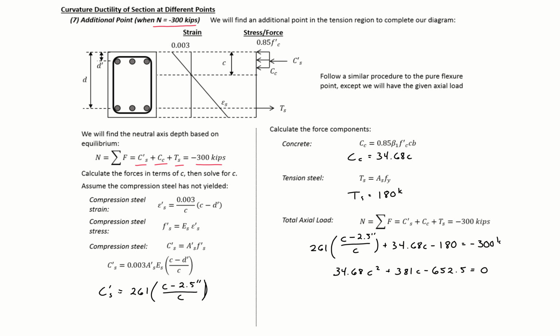And then we'll get our c equal to 1.51 inches. And we'll use this c moving forward to find our nominal curvature and our nominal moment capacity for this point.